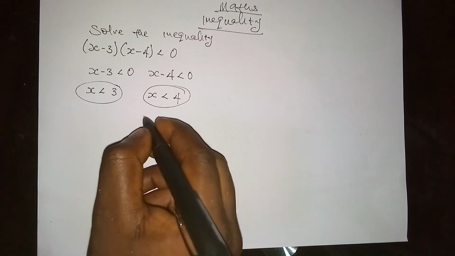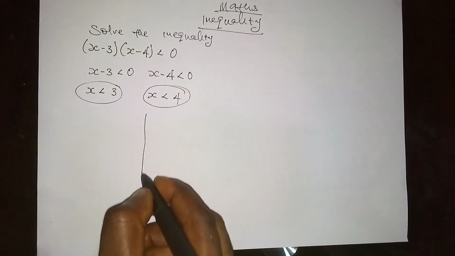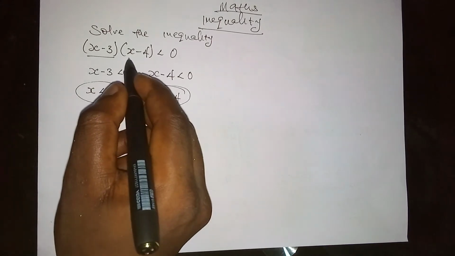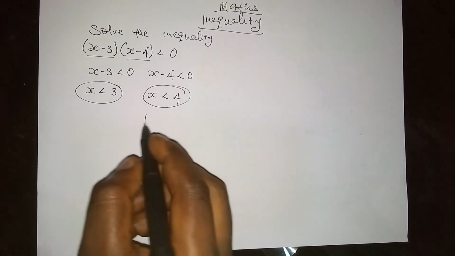Now we are going to make the truth table this way. Always remember that to make the truth table, we need the two factors.